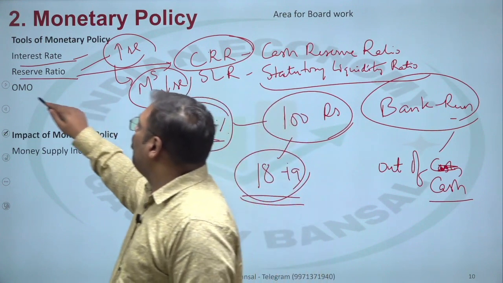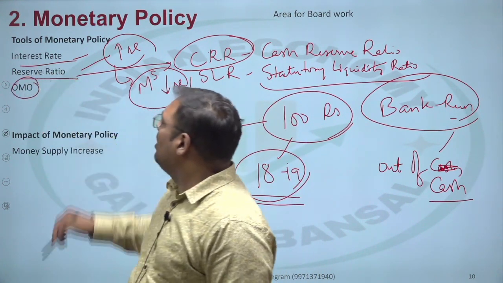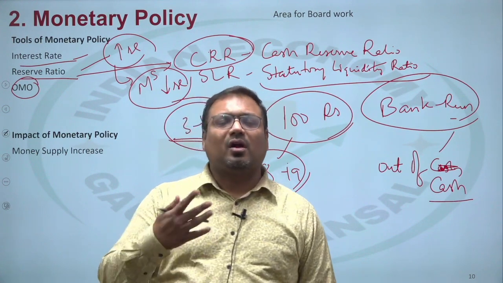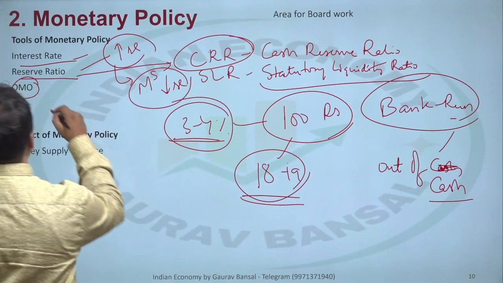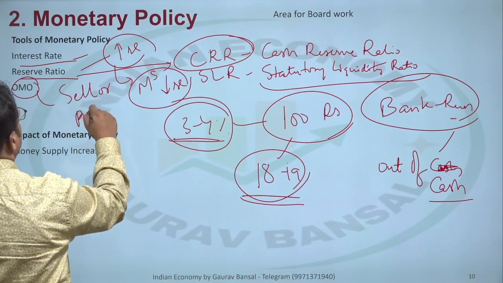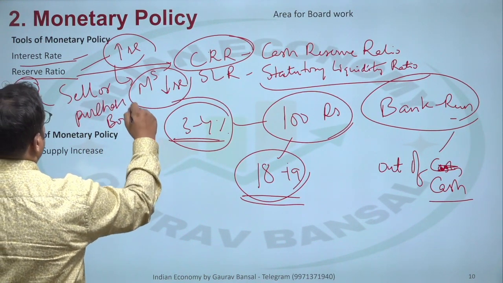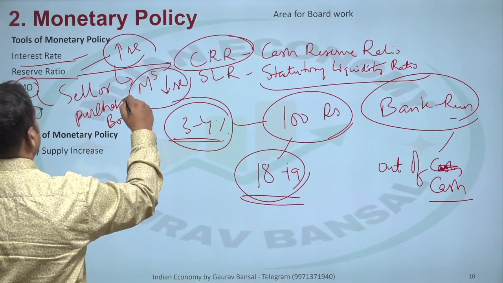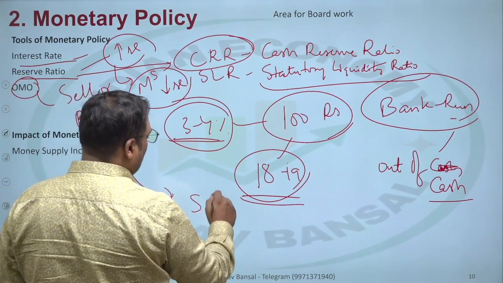And then we have OMO, open market operations. In open market operations, RBI sells or buys bonds. Now, when RBI sells bonds, what will happen?